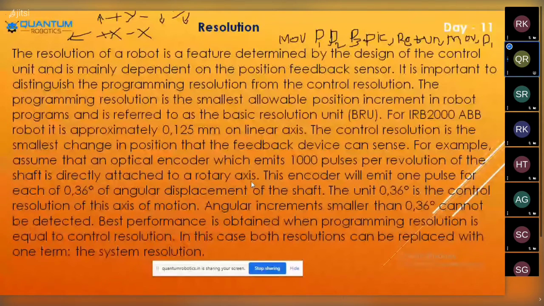This is all about the control resolution and the resolution. And here you will get the control resolution: axis motion angular increments smaller than 0.36 cannot be detected. Here you can see that they have given the 0.36 degrees angular displacement. The shaft will be in the stationary condition and it is going to give the angular rotation.